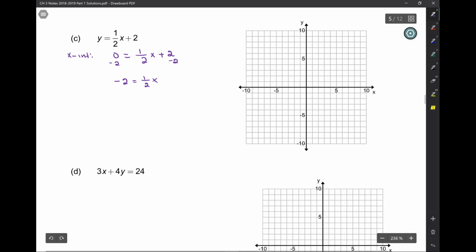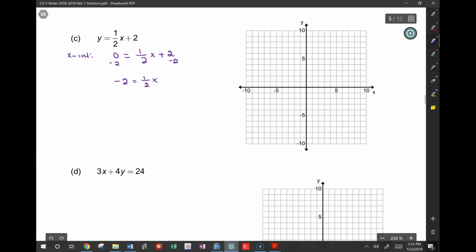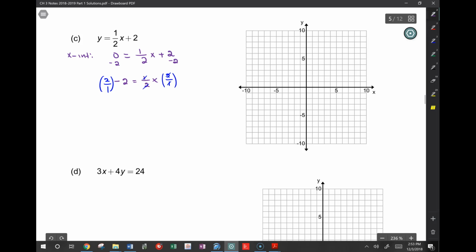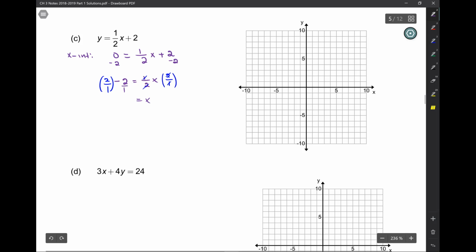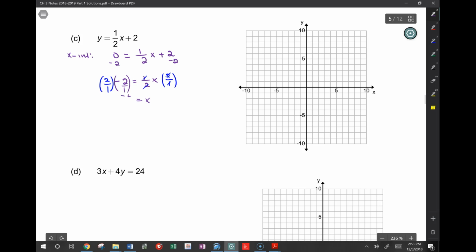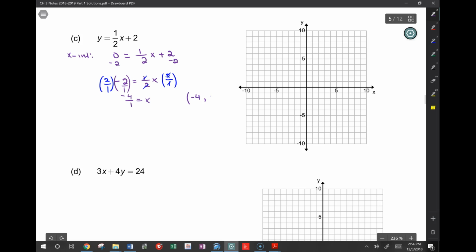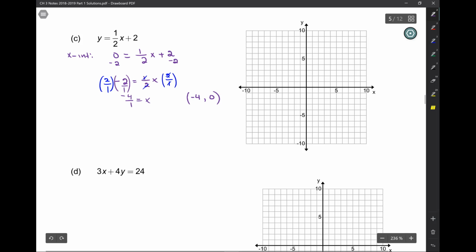Now what do I do? Right? 2 over 1. That cancels this out. This has an over 1. So I multiply the numerators. I get -4 over 1, which is -4. So the x-intercept is going to be -4, comma 0.